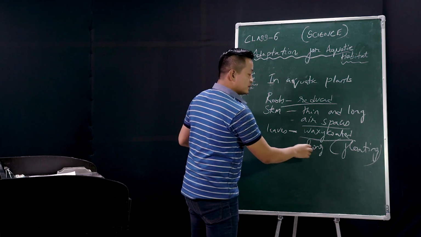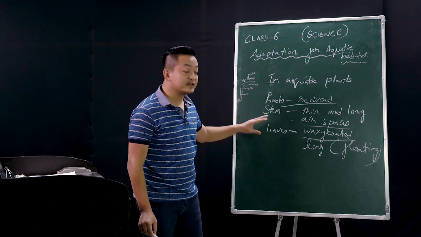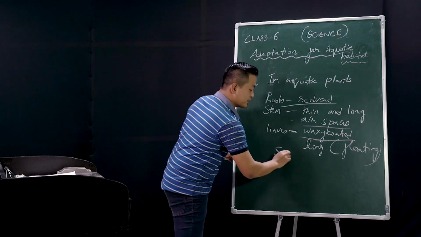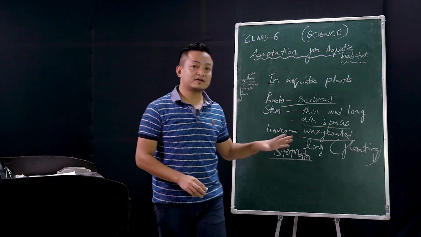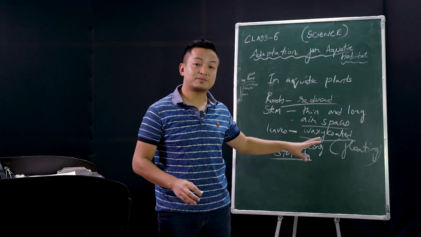Now we are done with the roots, stem and leaves. Now the very important thing is stomata. The stomata are present in the leaves, and all the stomatal processes take place in the leaves.